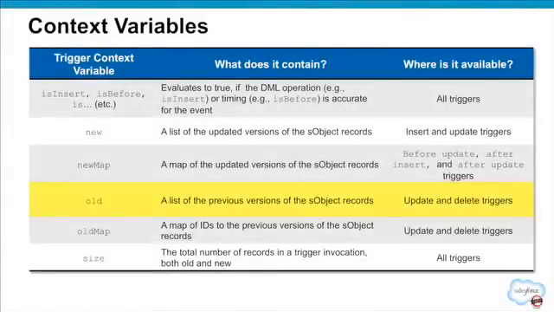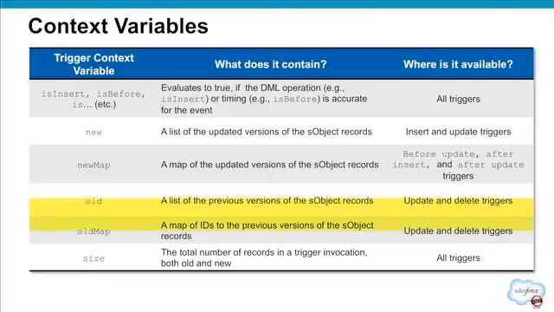Trigger.old. Trigger.old is a list of the previous versions of the records. Obviously, it doesn't exist in any inserts because there is no old version in an insert. Old map maps the IDs of the previous versions to the sObjects, and then size just returns the number of records in your trigger.